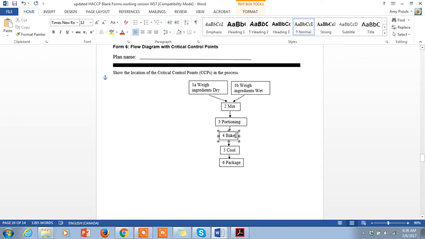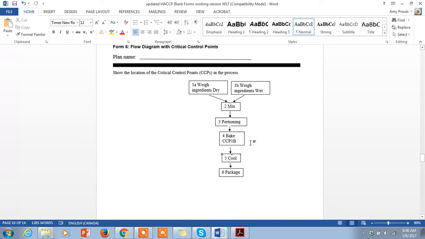And in the case of my CCPs, I have now identified where they are, and I'm just going to adjust my diagram accordingly so that I have a lovely little addendum to my diagram. So that's it.